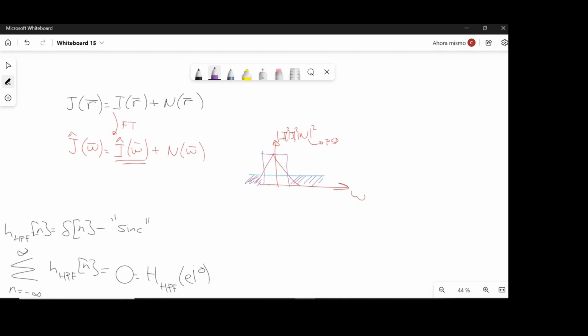Pero es que estas frecuencias en el fondo eran peor, porque tenía más ruido que señal. Pues si tengo más ruido que señal, mejor te quitas esa frecuencia, ¿no? Luego, hacer filtros paso bajo cuando tienes ruido está bien, porque a baja frecuencia predomina la señal, pero a altas frecuencias predomina el ruido.